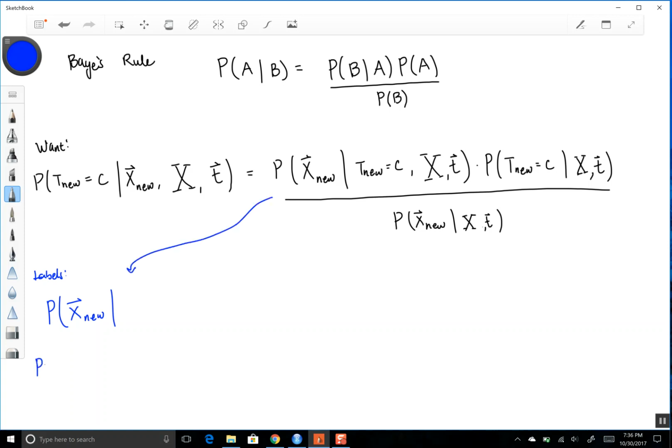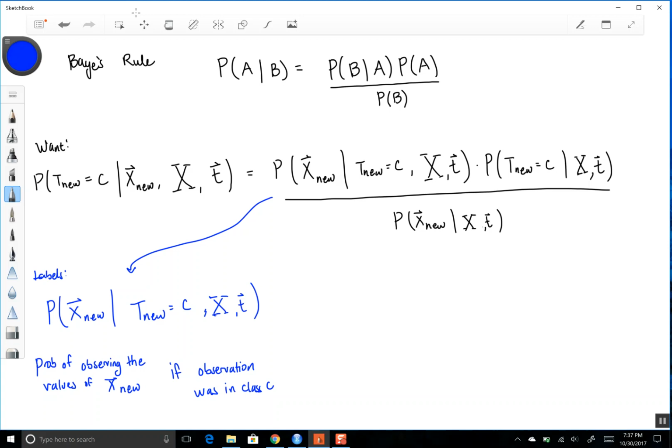This is the probability of observing the values of x new, if the observation was in class C, given our training data, okay?